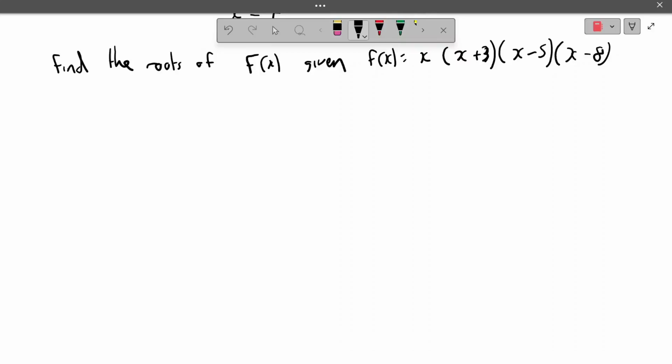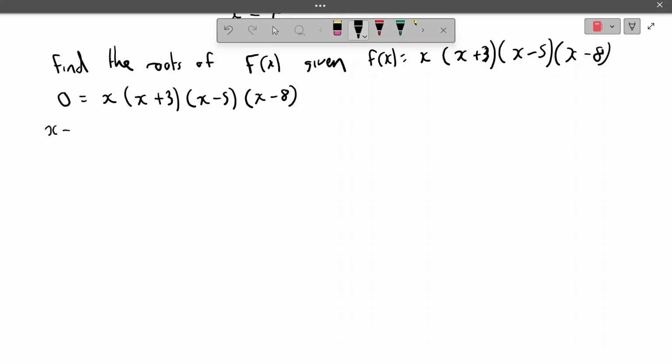So here's another nice one, where it says find the roots of f of x given f of x equals x, brackets x plus 3, x minus 5, and x minus 8, each in brackets. So again, we have 0 equals x, brackets x plus 3, x minus 5, and x minus 8. And then we just treat each one as equal to 0.